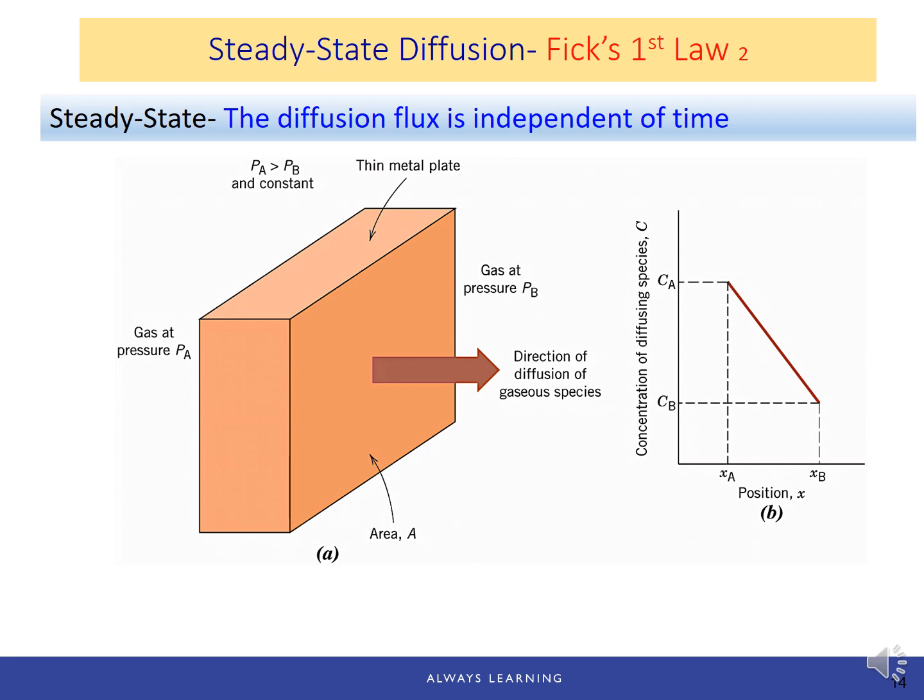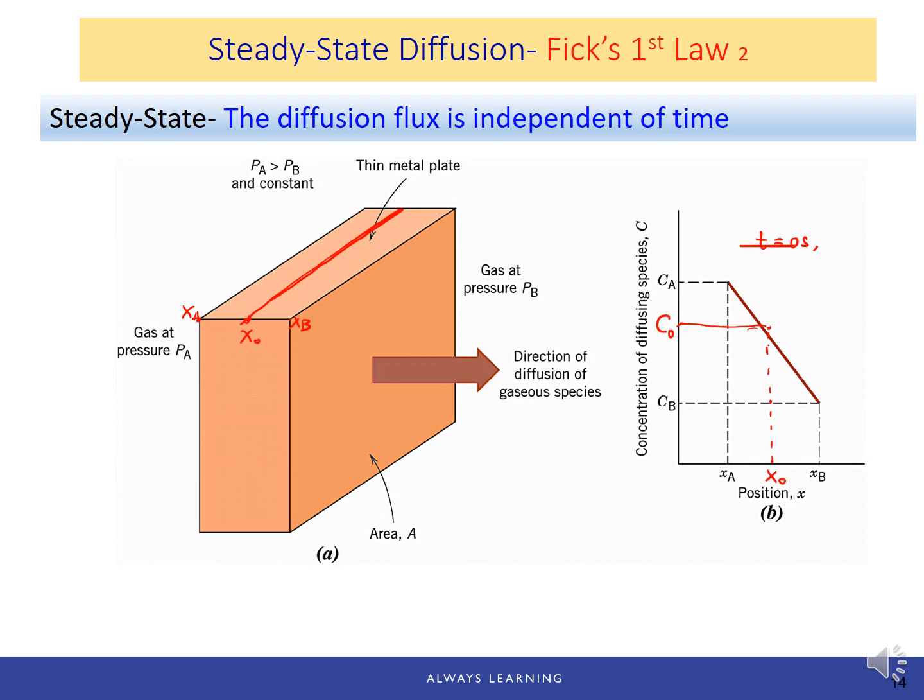As one example, if we choose one location, for example in the middle of this plate, at time 1, after steady state of diffusion has been reached at 0 seconds, if the concentration, let's call it C0, for example, if we're looking at the concentration at this place, here is XA, XB, and X0.